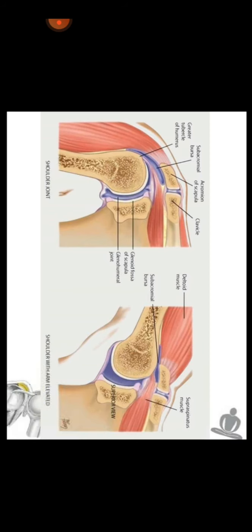Supraspinatus is the first important structure involved in impingement of rotator cuff. Because of chronic hemorrhage, we tell the patient to put ice on it. In Sushruta Samhita also, Shita Parishek is written for these types of injuries.